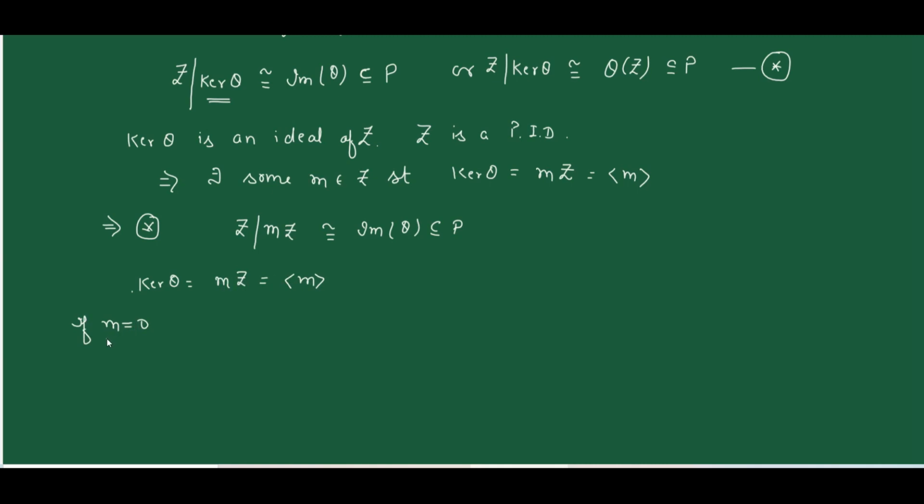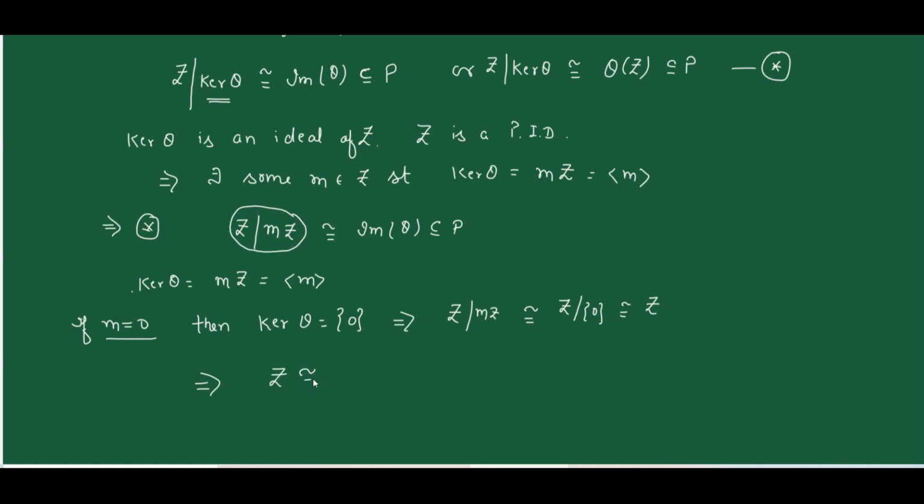First case: if m is the 0 integer, then kernel theta is nothing but the 0 ideal, and therefore Z by mZ is isomorphic to Z by the 0 ideal, or it is isomorphic to Z. It means this quotient turns out to be just simply Z. So this implies Z is isomorphic to image theta.